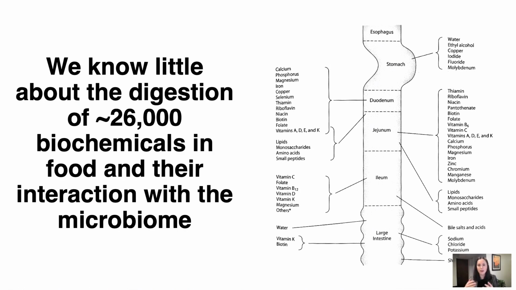We know a lot about the absorption of, say, 120, 200 different nutrients that may be essential or important for human health, but we don't know a lot about the other biochemicals in our food that we don't consume that make it through transit to our large intestine, where they become food for bacteria.